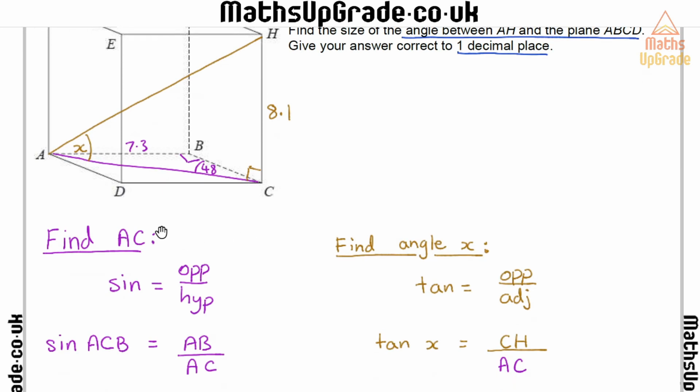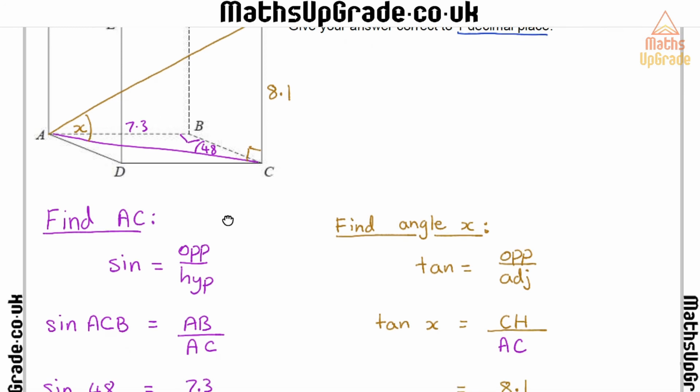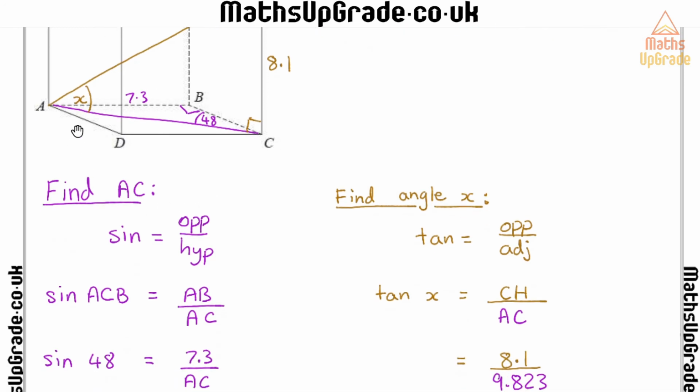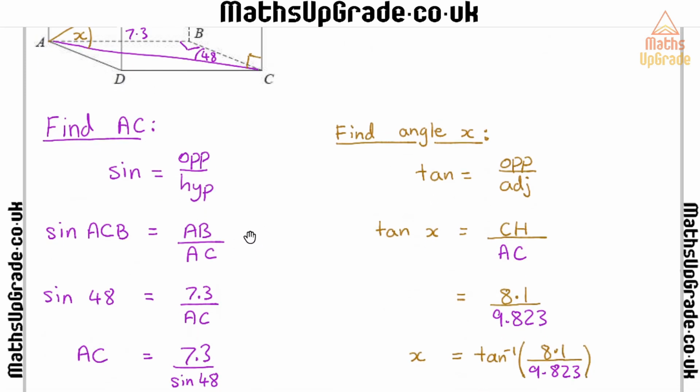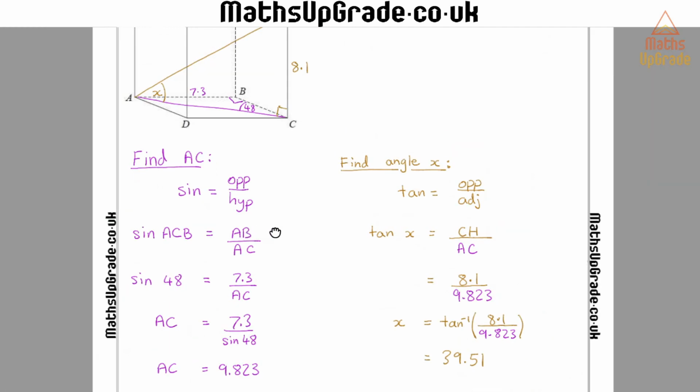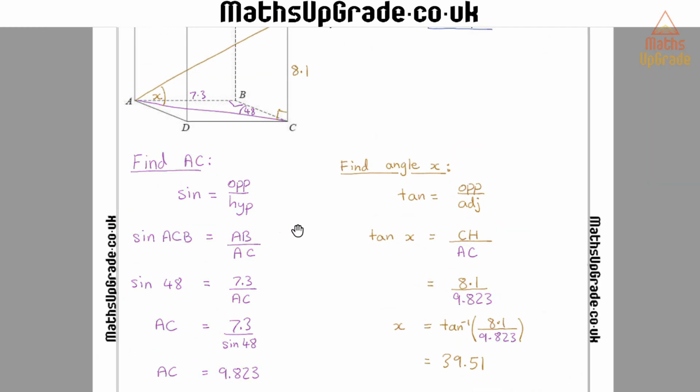I know that the sin of ACB is related to the opposite and the hypotenuse. The opposite over the hypotenuse is the length of AB divided by the length of AC. Since AB is 7.3 and the angle is 48 degrees, by substituting those in and rearranging, I can find the length of AC. So AC would then therefore be 9.823.